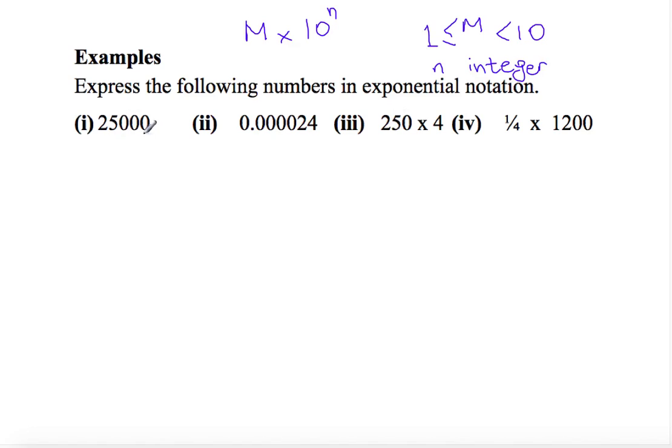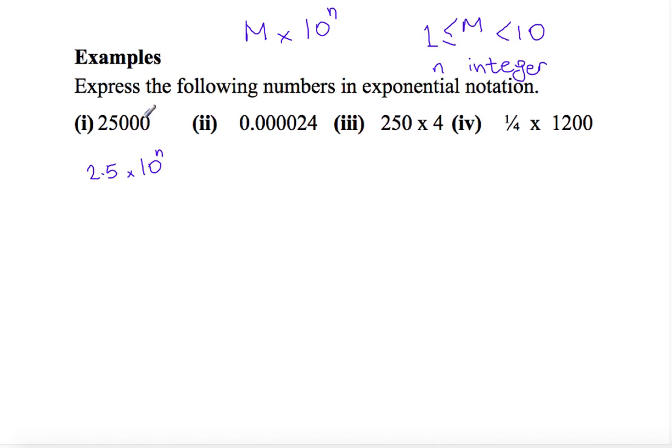Let us write. Here we have 2 and 5. We can't write 25 because 25 can't fit here. We can write 2.5. 2.5 is bigger than 1 and smaller than 10, which is possible, times 10 to n. n must be an integer.